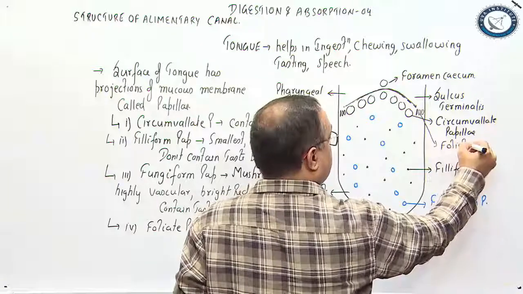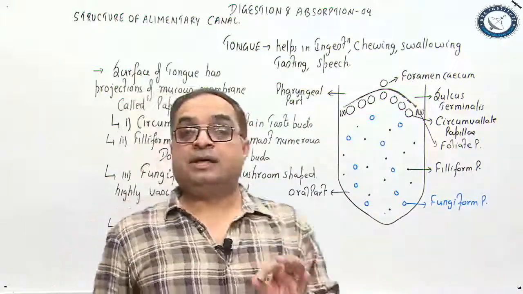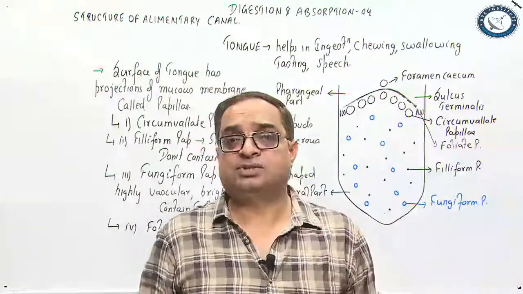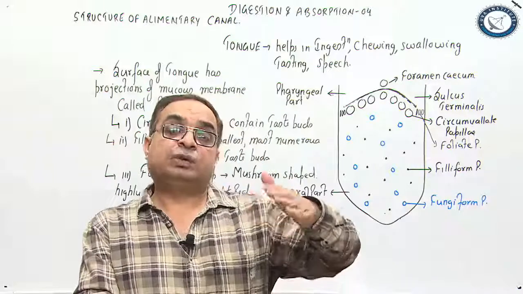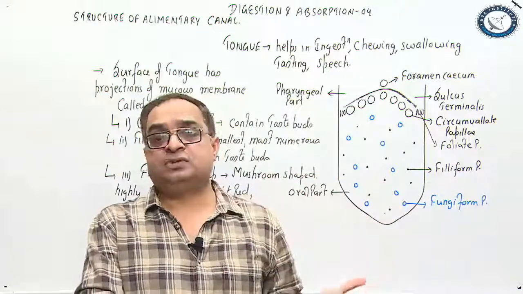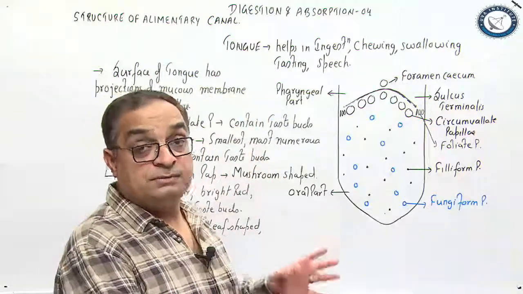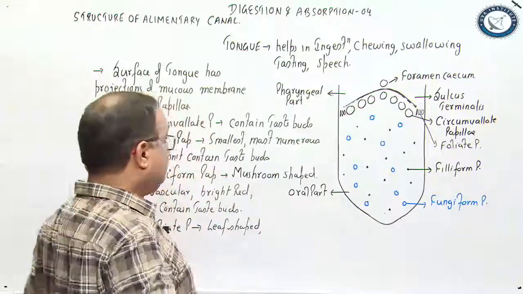These contain taste buds, but they are not developed in adults. They are highly developed in children. So children have a better sense of taste. In fact, all other senses are also better in children. With advancing age, our sensations basically decrease, whether it is the sense of smell, the sense of taste, or the sense of hearing.